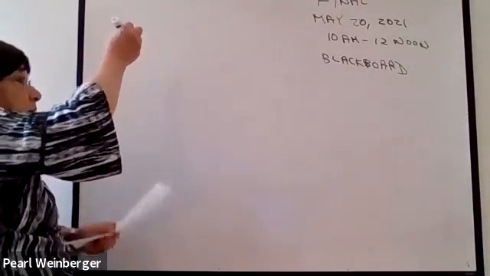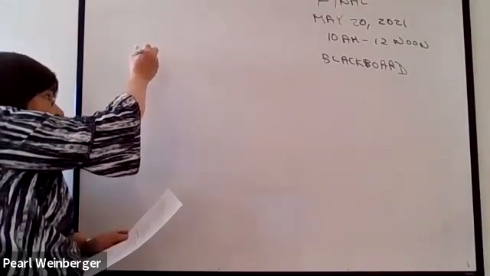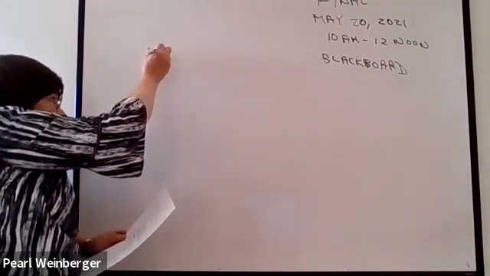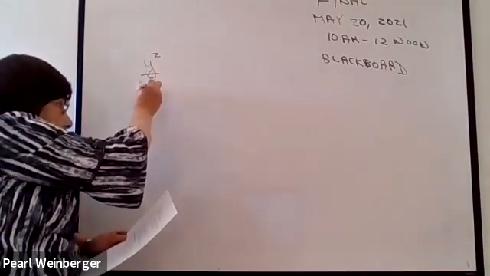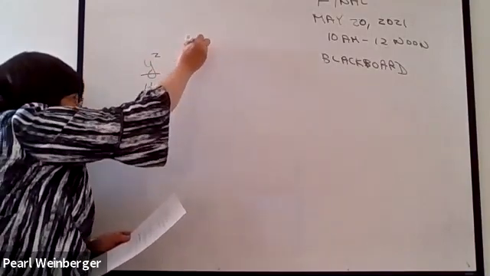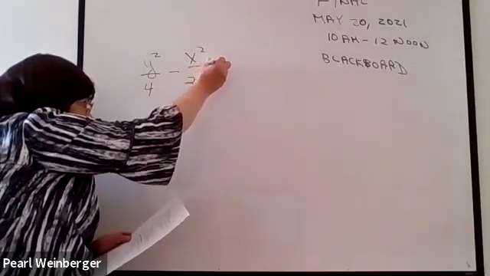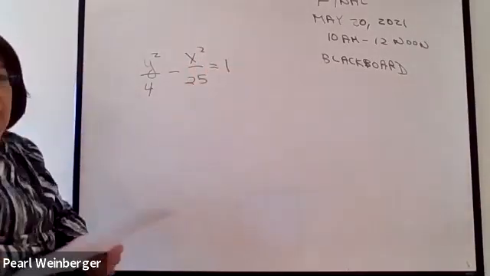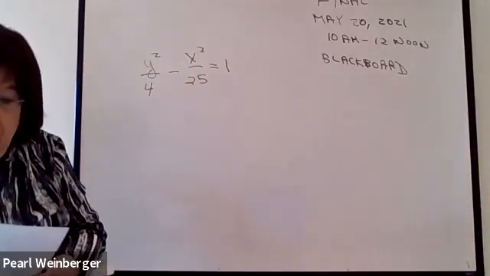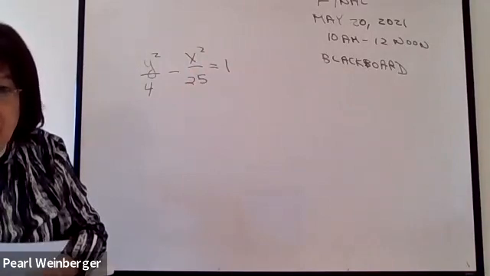Okay, let's say I gave you this: y squared over 4 minus x squared over 25 equals 1. See if you can sketch that graph.